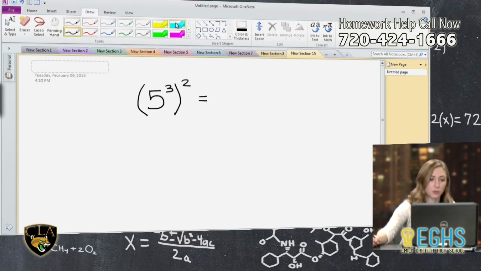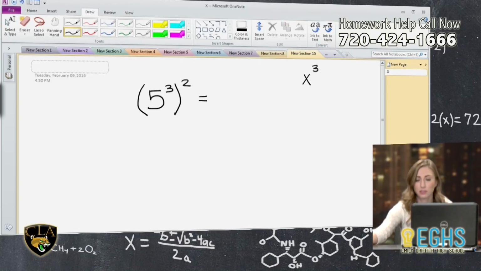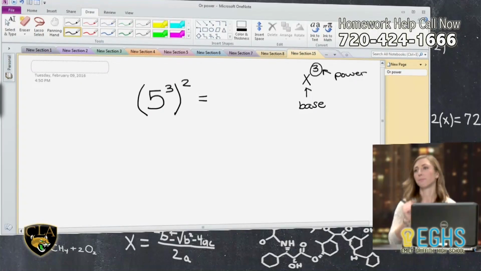Anytime I'm explaining something with exponents, I would like to show how they work. I'm going to give an example with a variable really quick. Let's say I had x to the 3rd power. The big number here is called the base, and the little number on the top is the power, or exponent.